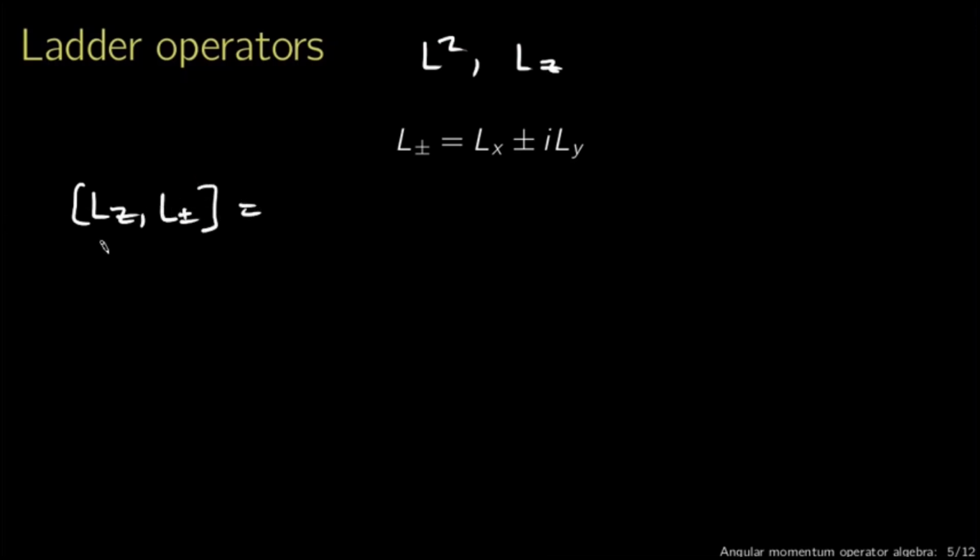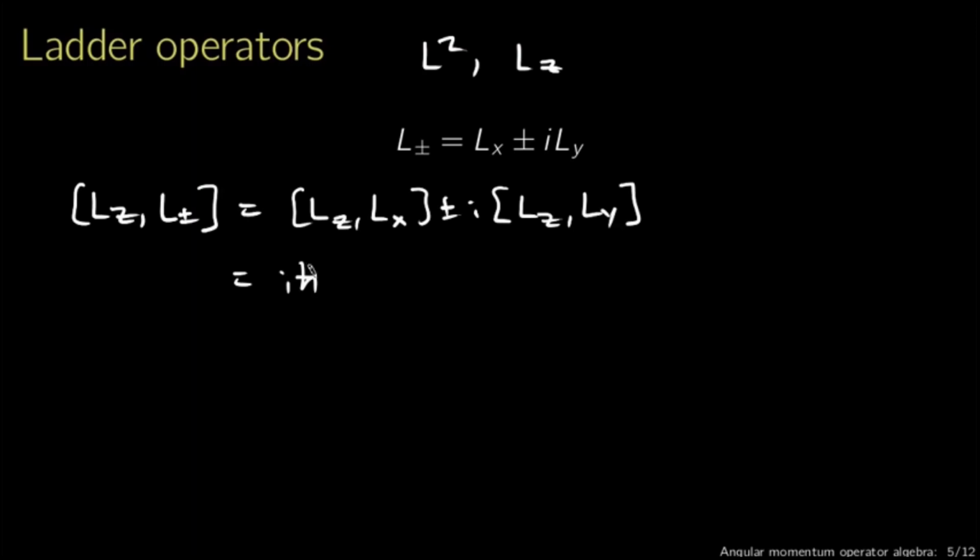Well, you can substitute in the definitions of Lz, L plus, and L minus. And since the commutator is linear, I can just split this up into two separate commutators: Lz commutator with Lx plus or minus i times Lz commutator with Ly. You know what both of these commutators are. We've already calculated them out.